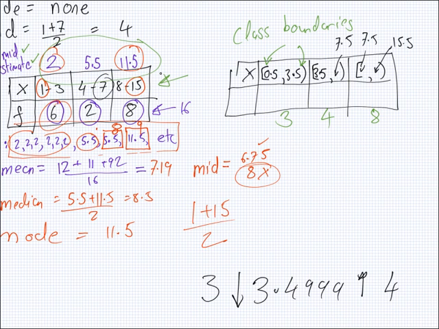The question was, what is the lower class boundary? Okay. They give you the table on the left. And if it said, what is the upper class boundary for the middle box? 7.5.